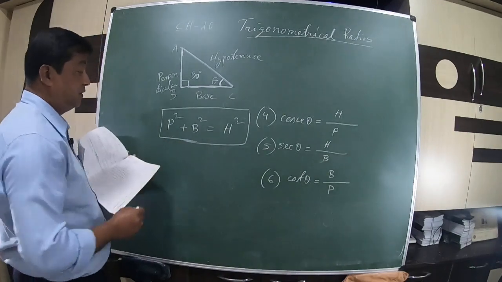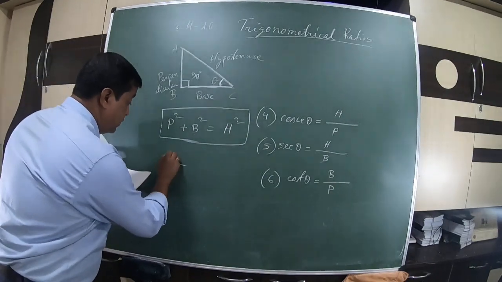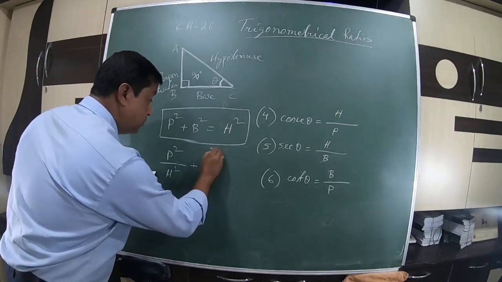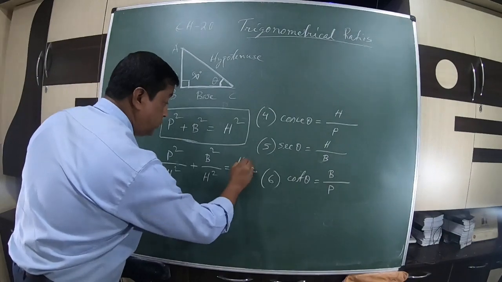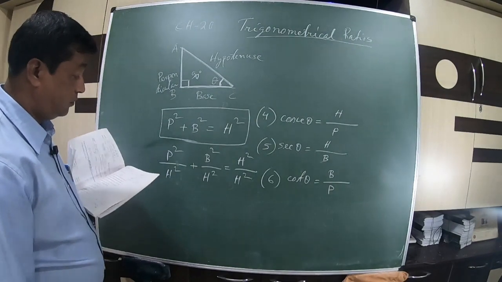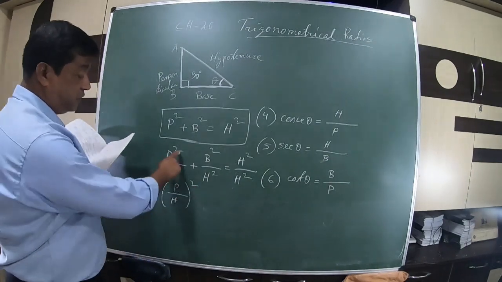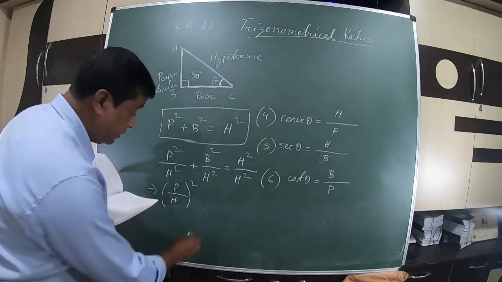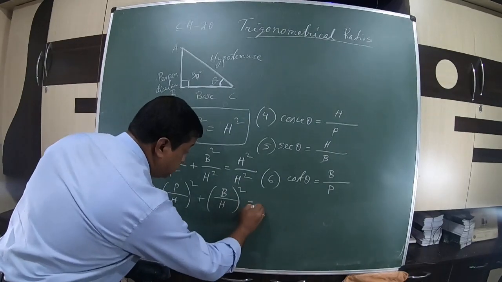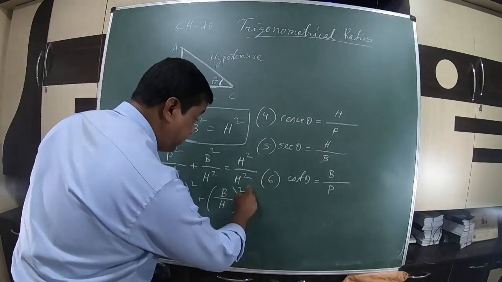For example, if I take perpendicular square and divide by hypotenuse square, then p square by h square, plus b square by h square, is equal to h square by h square. That means p by h whole square plus b by h whole square equals h square by h square, which will be 1.